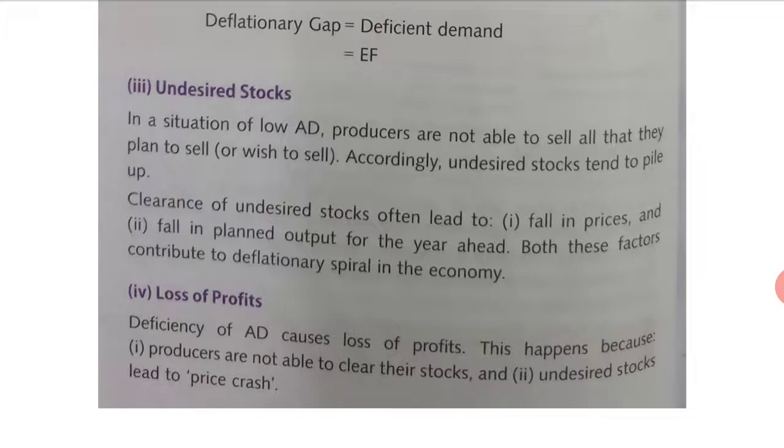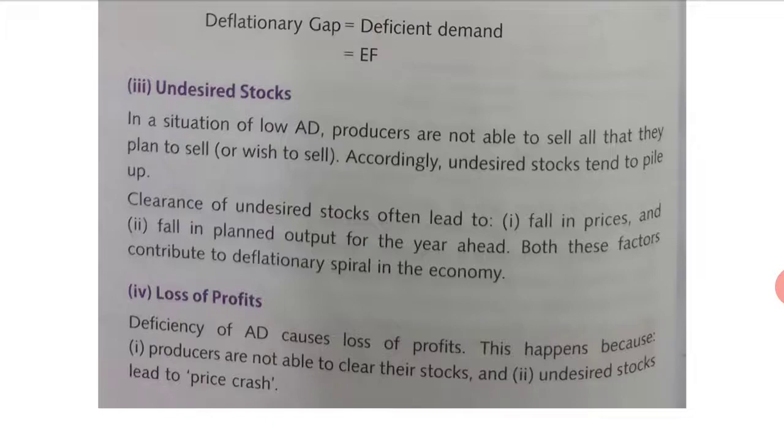You are not selling, just keeping it as stock. So you have to pile up the stock. Pile up means you keep the stock more and more. So it may become outdated, obsolete. These are the problems because of overproduction or when there is no demand.